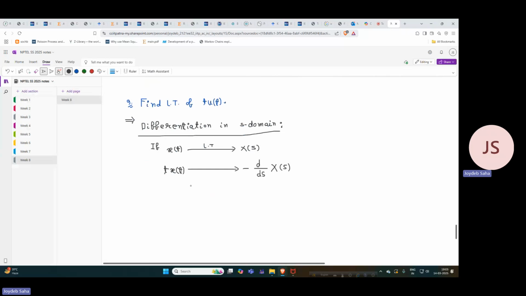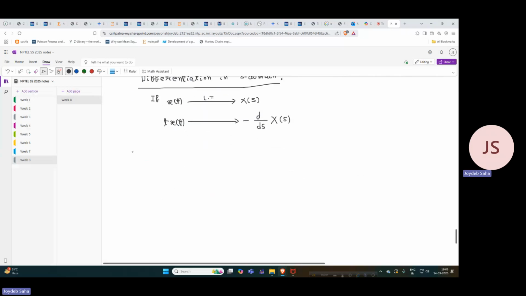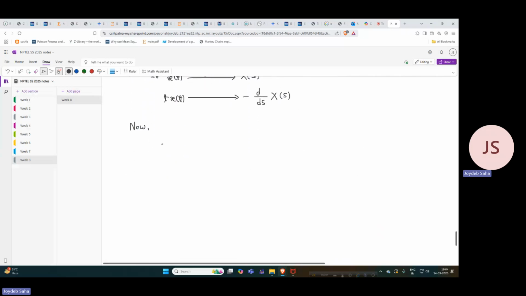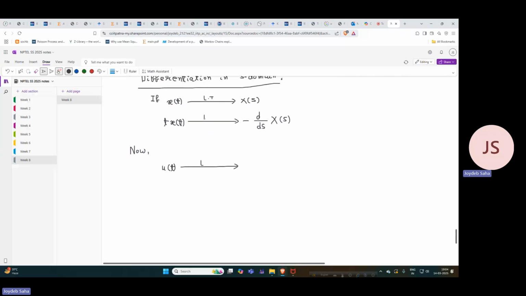Okay, t of u of t. Now u of t, its Laplace transform is 1 upon s.